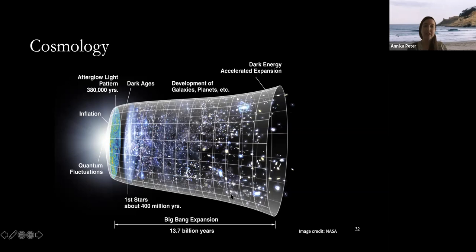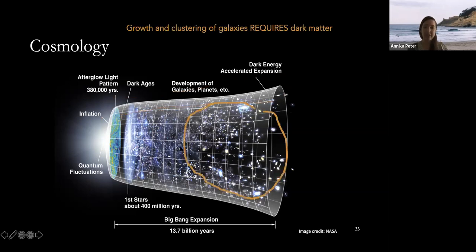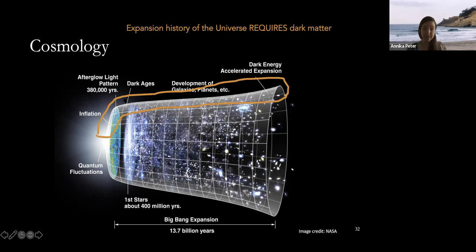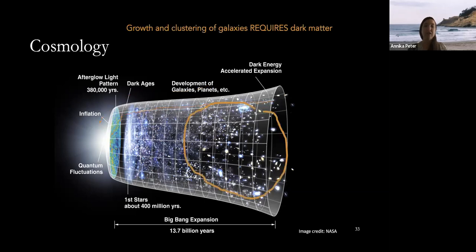What's important in cosmology is that dark matter governs the expansion history of the universe. It really dominates from near the CMB era to right around the middle age of the universe, when dark energy takes over. But dark matter is responsible for the expansion history of the universe, and it also governs the growth of structure.